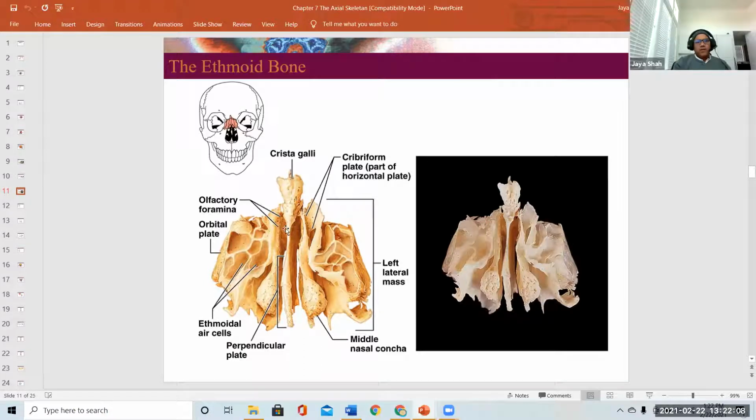And then the cribriform plate here and small holes in the cribriform plate are called olfactory foramina. So from your brain, olfactory nerve passes to your nose through these holes. Okay. These are the three features you have to know. Okay. Crista galli attaches dura mater, which is a meninges of your brain.